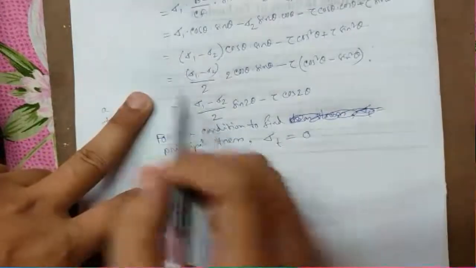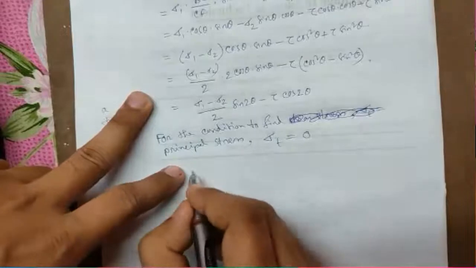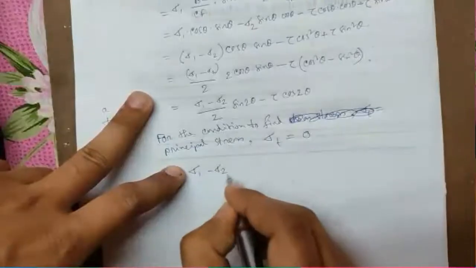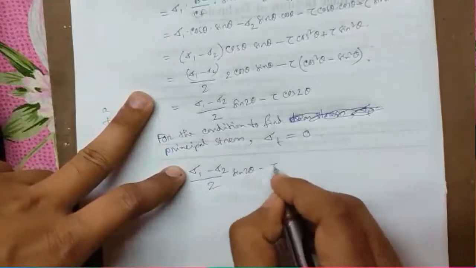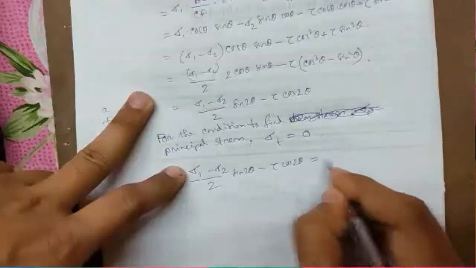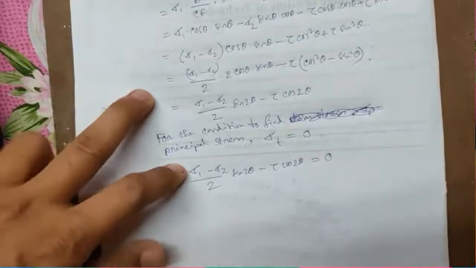So the value of shear stress we have found out here is (sigma 1 minus sigma 2) by 2 sin 2 theta minus tau cos 2 theta is equal to 0.